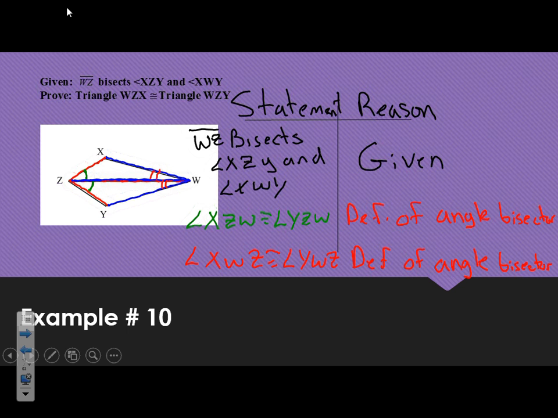Now we still don't have enough information, so if you look here, my favorite, this is right on top of each other, they're sharing the side. So ZW is congruent to ZW because of the reflexive property.